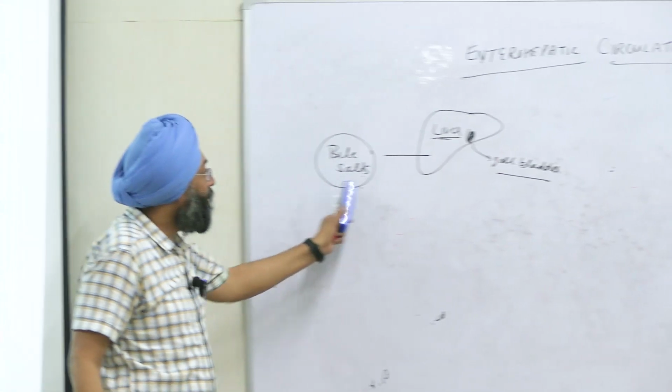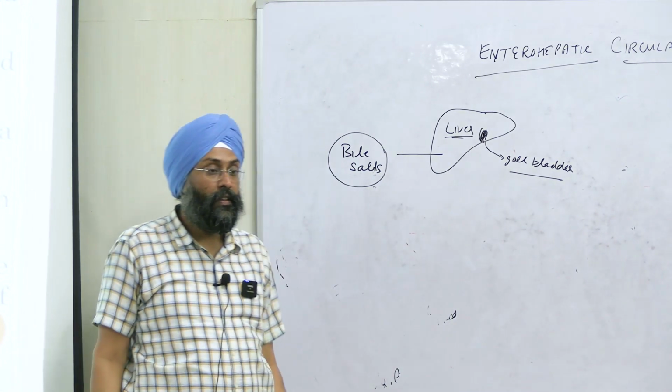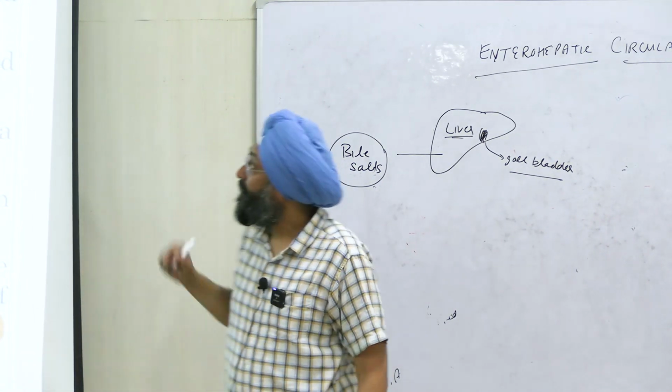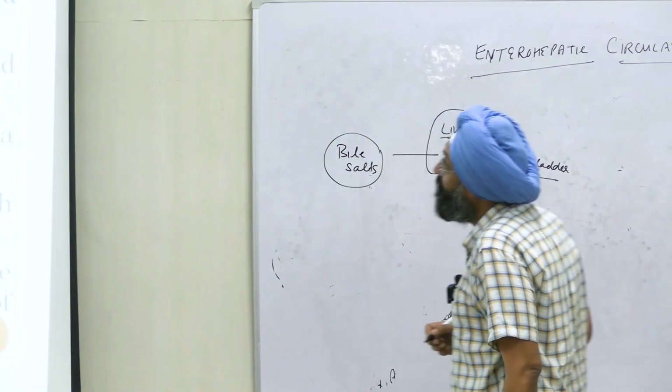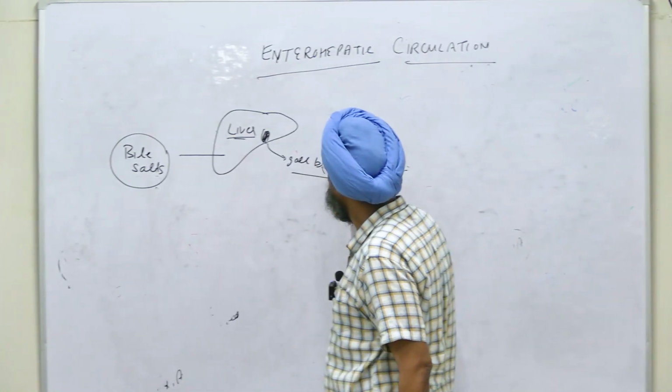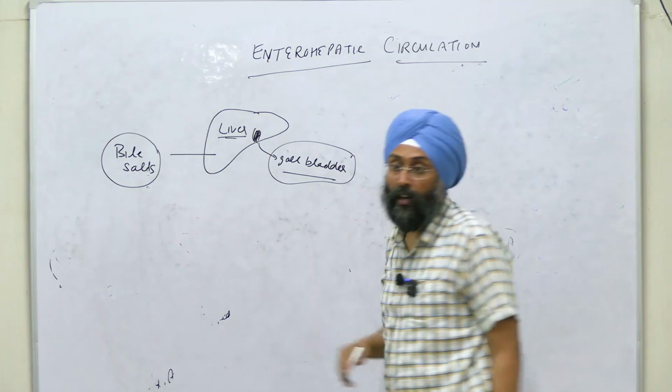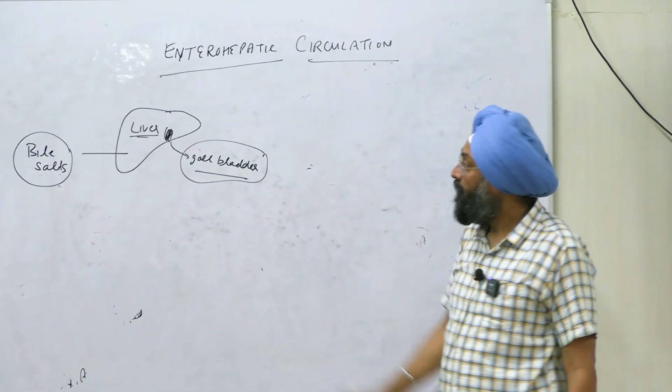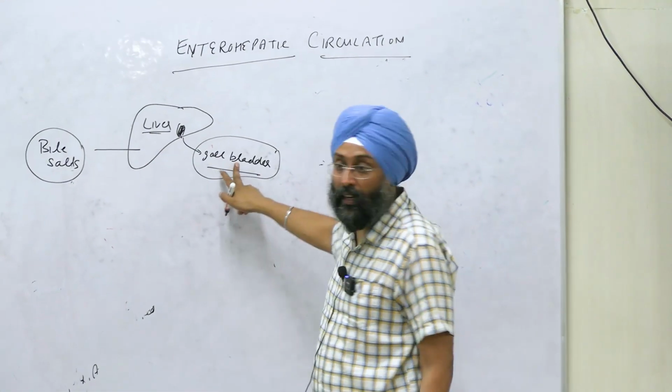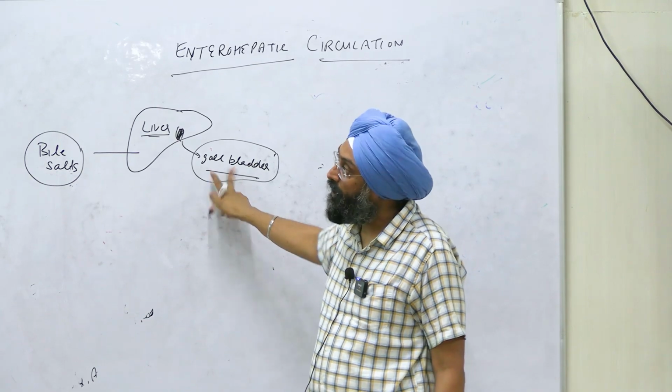Right, we are synthesizing bile salts in the liver, right? And later they accumulate where? In the gallbladder, right? They are synthesized in the liver and stored in the gallbladder, right?